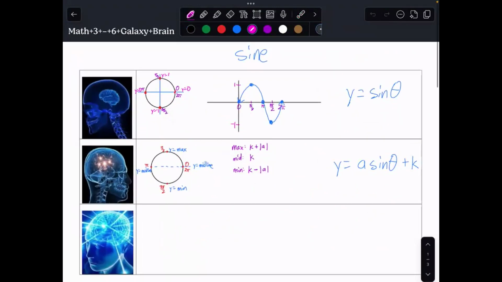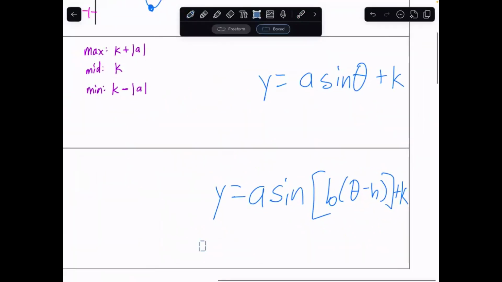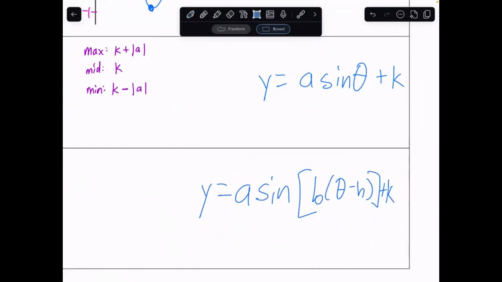Back on the front side, the most advanced version of the sine function. This is every possible transformation. You can have an A, a B, an H, and a K.